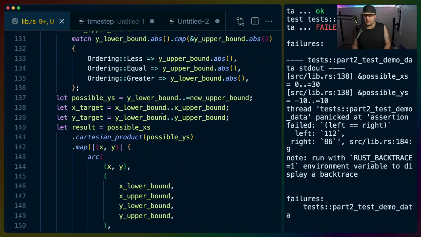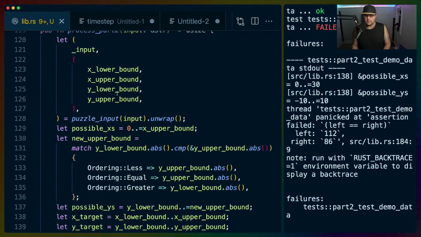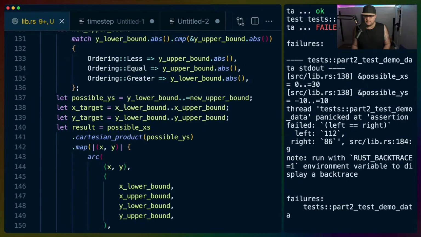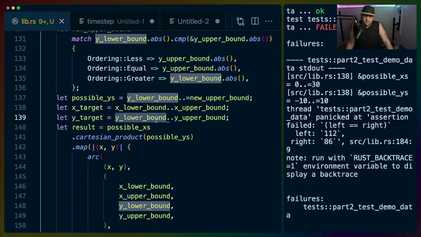X target and Y target. Are the targets correct? X target is the lower bound to the upper bound, and Y target is the lower bound to the upper bound.